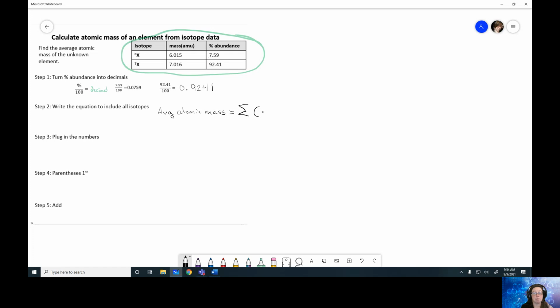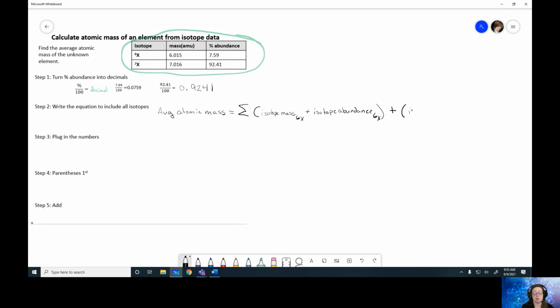So 6 has a mass, so isotope mass, and I'm just going to put a little 6x here, plus isotope abundance, because we're doing this all as a word equation first. 6x there. And then because this says sum of, this is a plus.